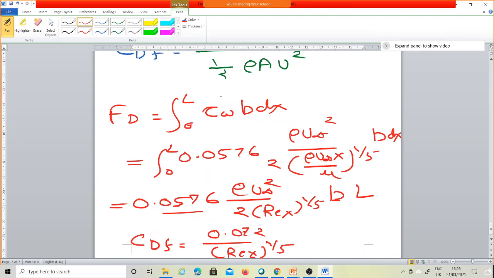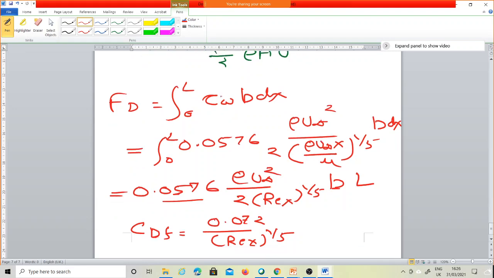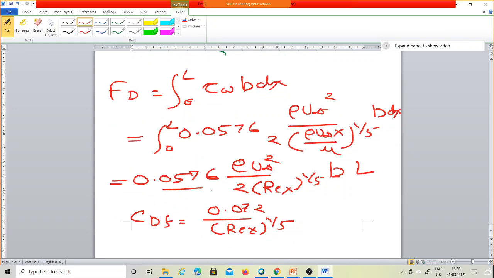Other things, we have the u infinity, this will be cancelled because we also have the rho u infinity upper and lower, and we have the b and L. This one represents the area, that will also be cut down. Okay, this actually represents the A. What else we have? I think that's okay. Divided by, or I just make it multiply 0.0576 by 2.